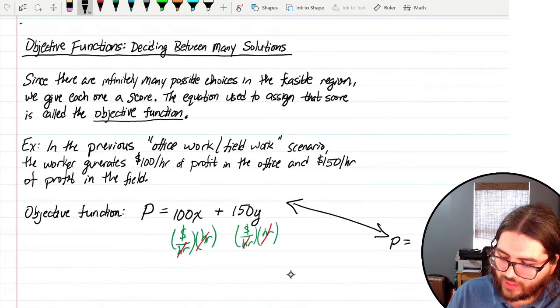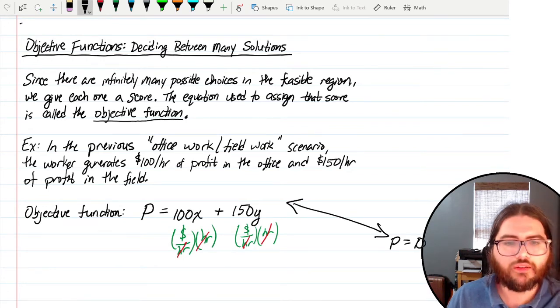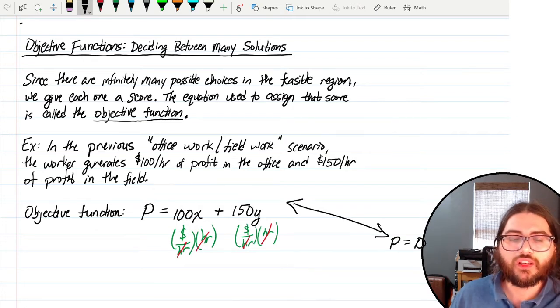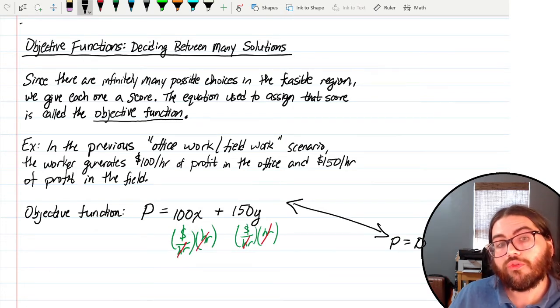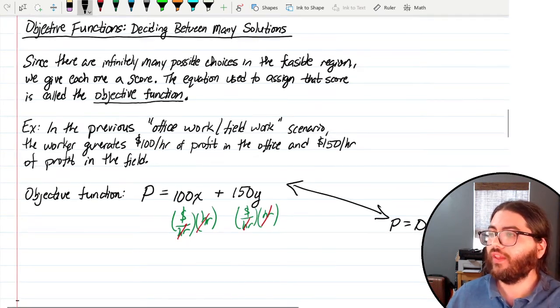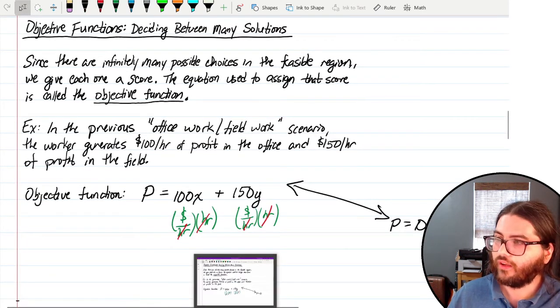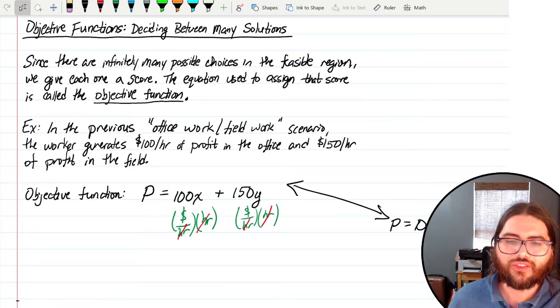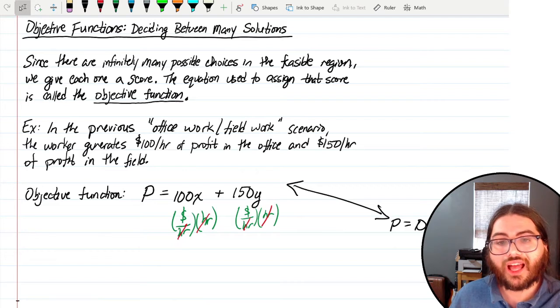Say p equals 0. That would certainly go through the origin 0, 0. All of the possibilities where p equals 0 would fall onto a perfectly straight line. We're going to take advantage of that fact later on. We're going to say, if everything that has the same profit value falls on a line, let me just see where that line is.